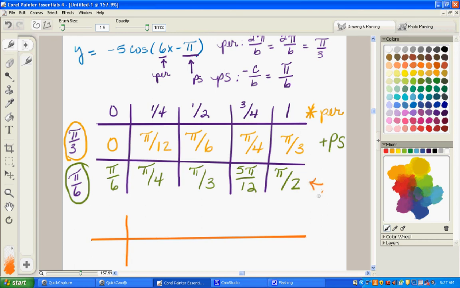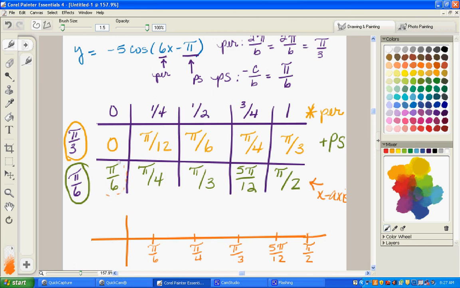This is the row that I'm going to put on the x-axis. So I've got pi over 6, pi over 4, pi over 3, 5 pi over 12, and pi over 2.